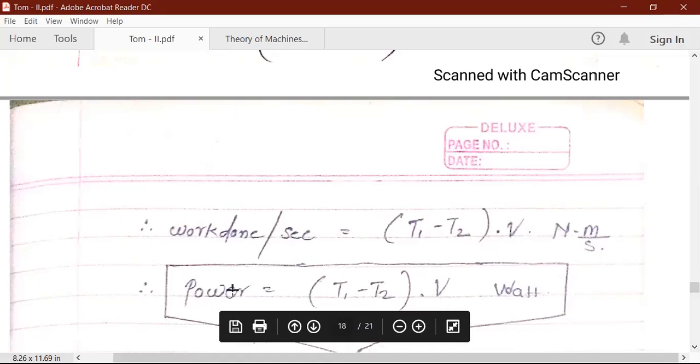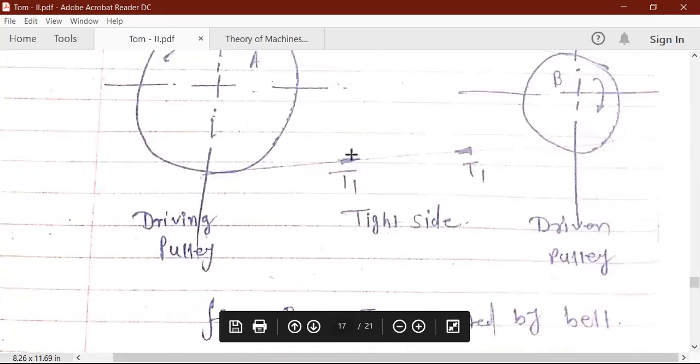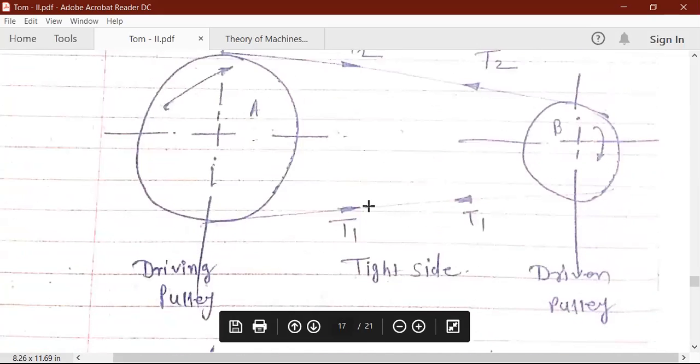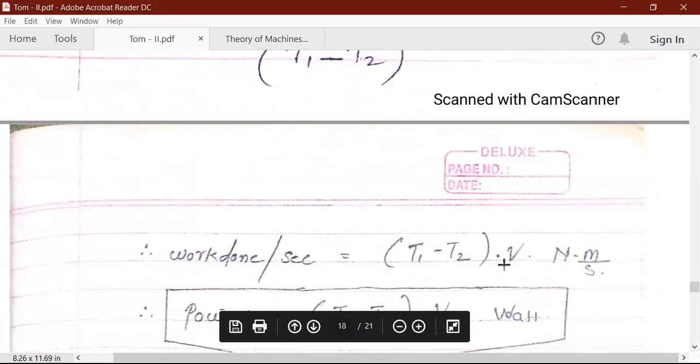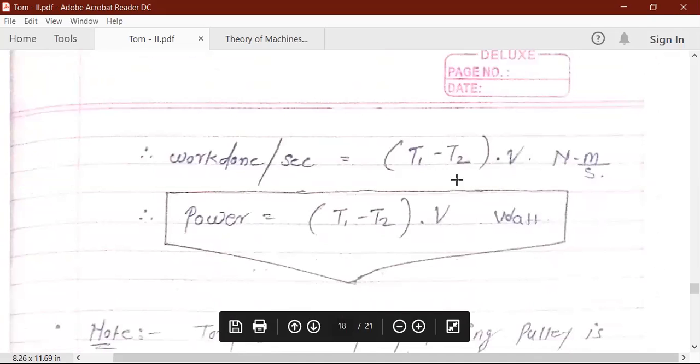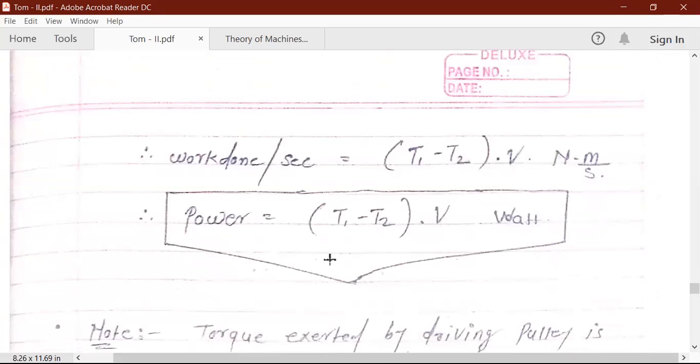So whenever you are going to solve a numerical based on power transmission with the help of a belt, your formula for power transmission is T1 minus T2 into V. That is the difference in the tensions multiplied by velocity, and it is in watt.